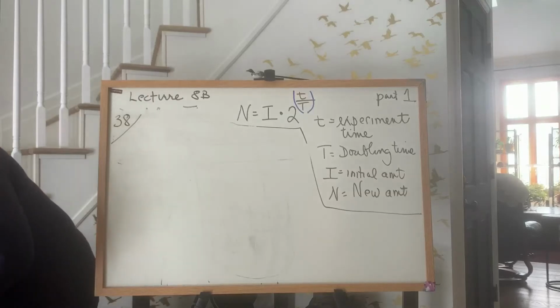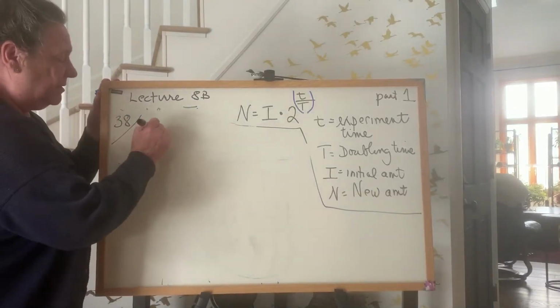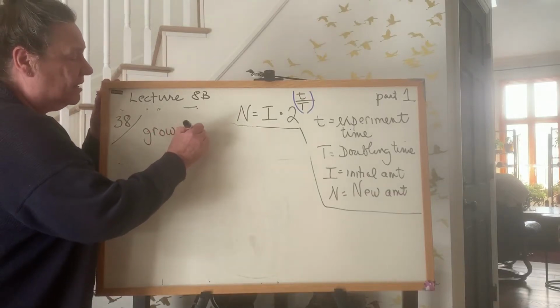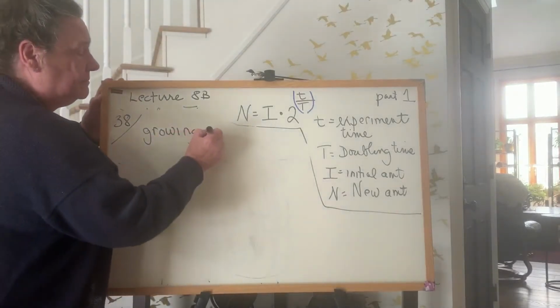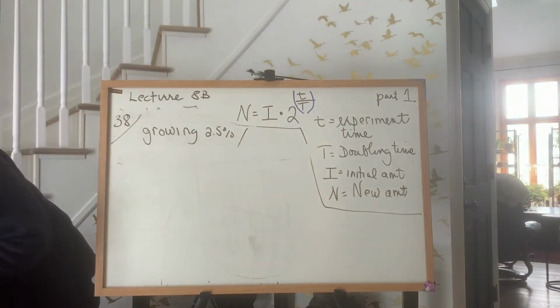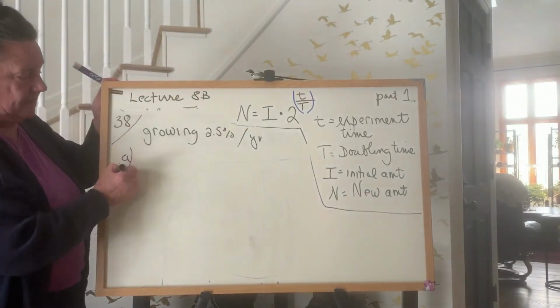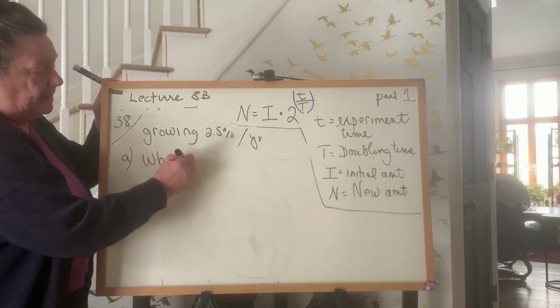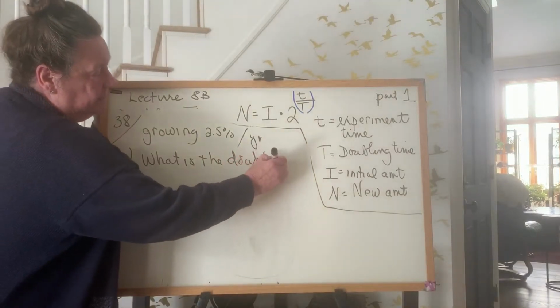Your number 38 says, a city population is growing at a rate, so that tells you it's a doubling problem, growing at a rate of 2.5% per year. Okay? First question. What is the doubling time? Okay?